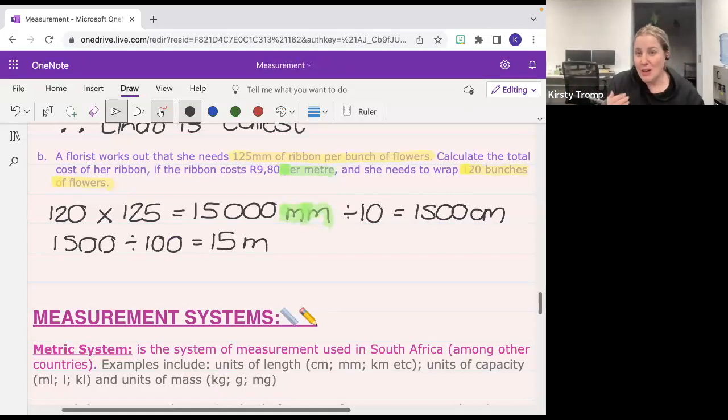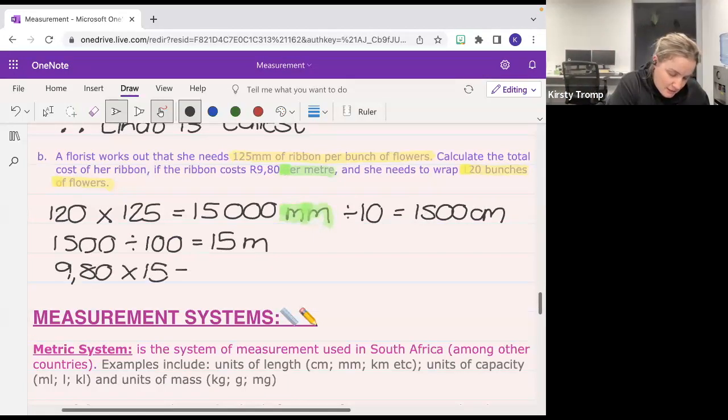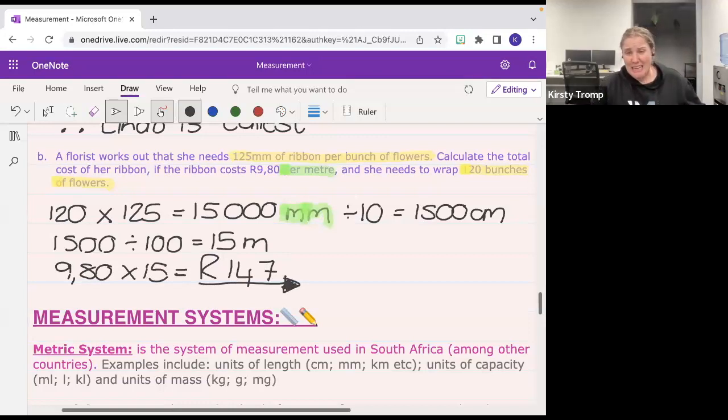Now, have I got meters and meters? Yes. So I can now say 9 Rand 80 times 15 will give me 147 Rand. If you're getting some weird figures, like 147,000 Rand, you know you've made a mistake.